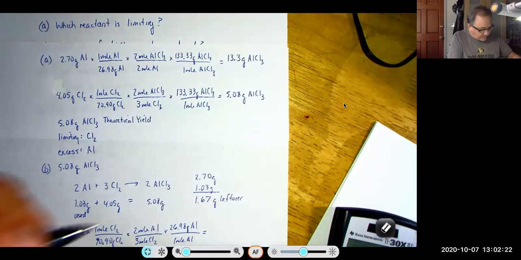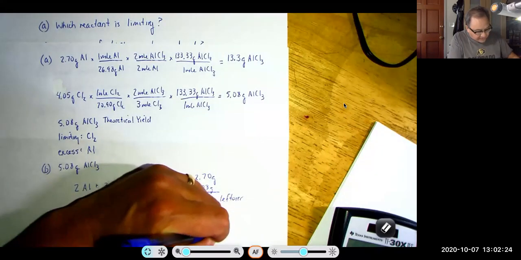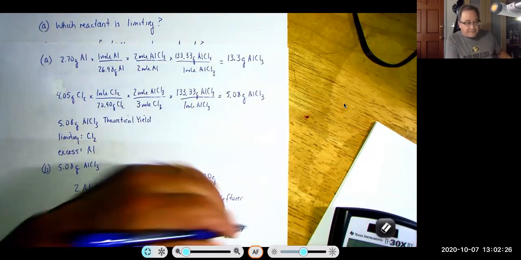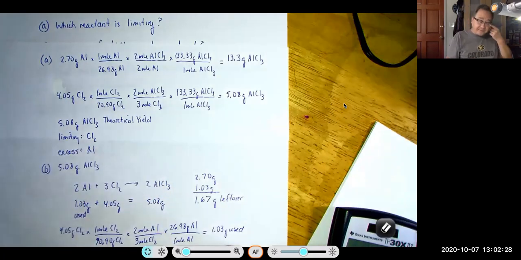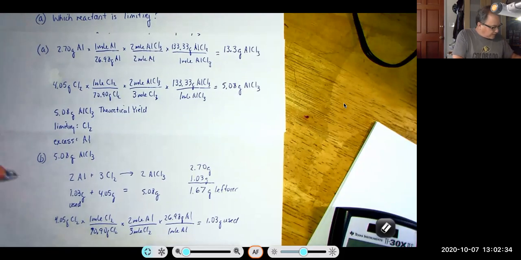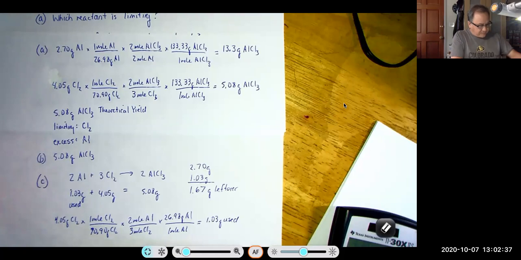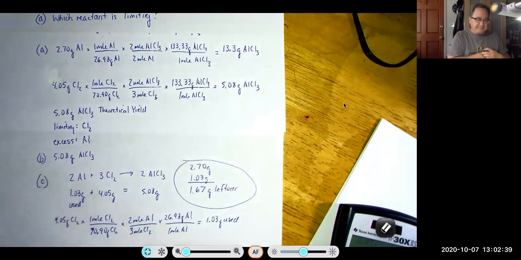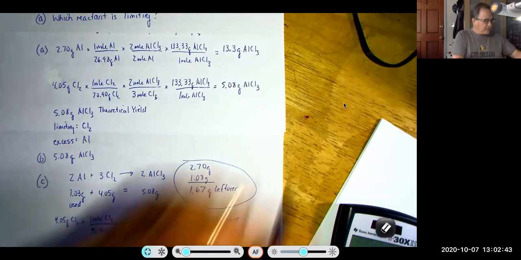And I get 1.03 grams used, which is what we figured out by difference. Are you with me there? Yeah. So there's your answer for the leftover. Okay.